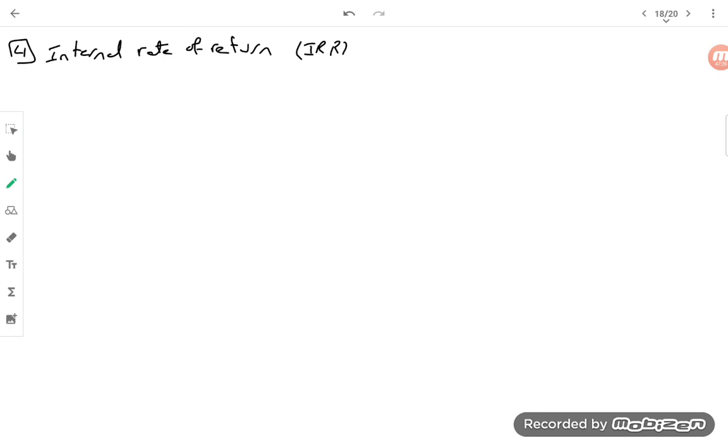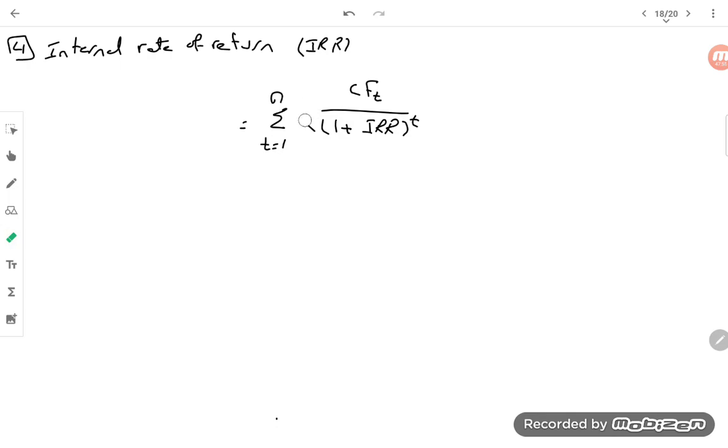So it's the same rule as the net present value, which is the summation from t equal 1 to n of cash flows for time t divided by (1 plus IRR) all to the power t, minus initial cash flows. This is equal to 0.